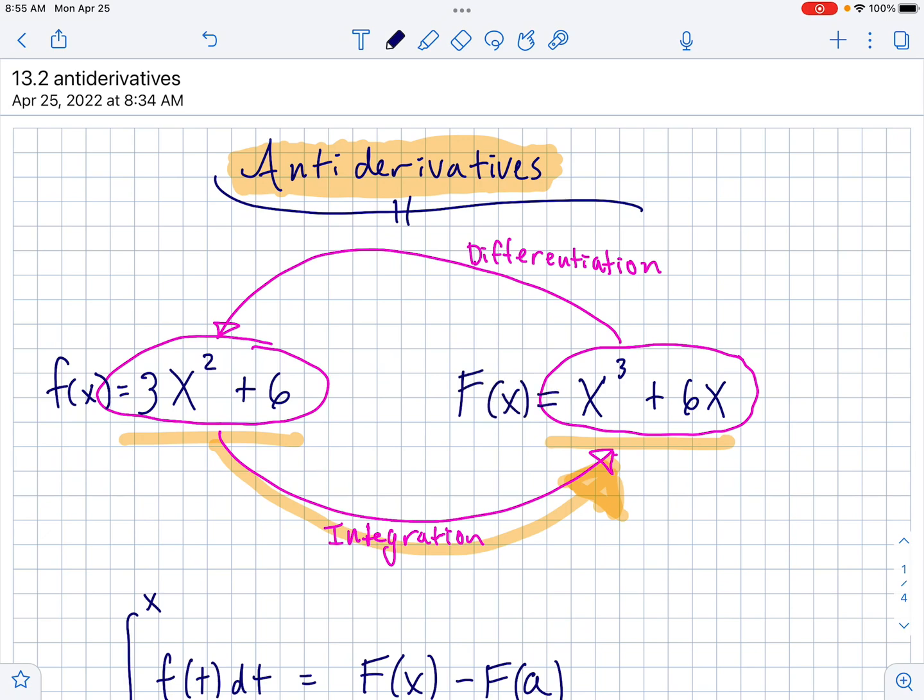So we'll make a note here that capital F of x denotes an antiderivative. It's like you're undoing the derivative to get back to the original function, but we don't call it the original function, we call it the antiderivative.